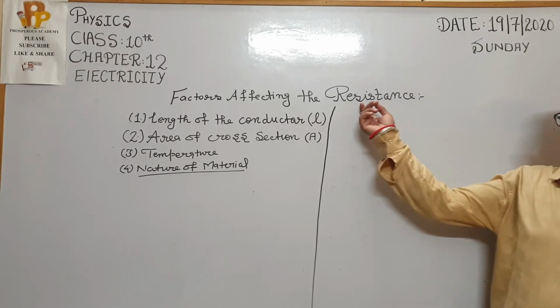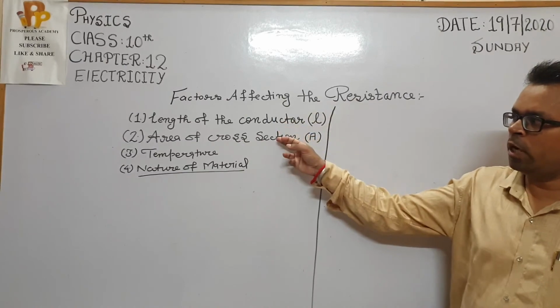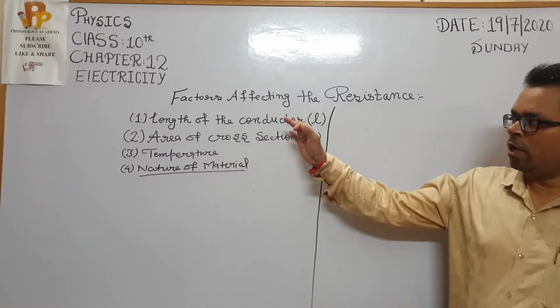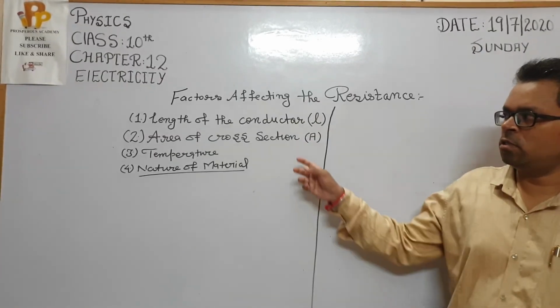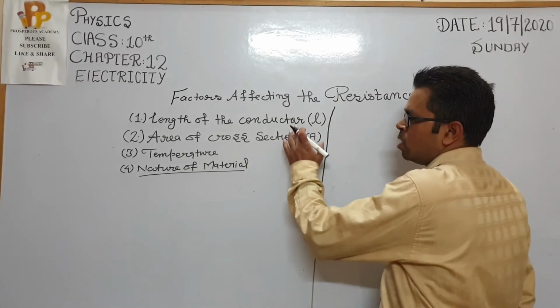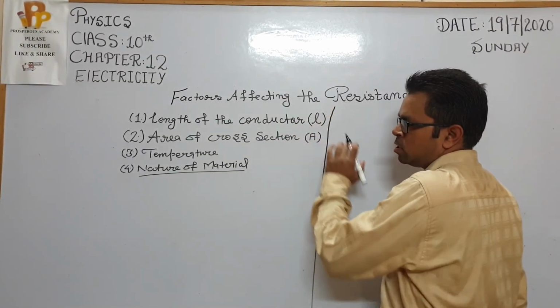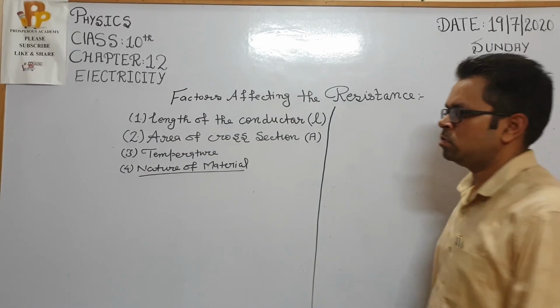ना बेटा आपको ये तो पता चल गया कि रेजिस्टेंस इन फैक्टर्स पे डिपेंड करता है, बट ये इसको किस तरह इफेक्ट करते हैं. लेट्स सी. फर्स्ट ऑफ ऑल जो रेजिस्टेंस है दैट इज डायरेक्टली प्रोपोर्शनल टू द लेंथ.